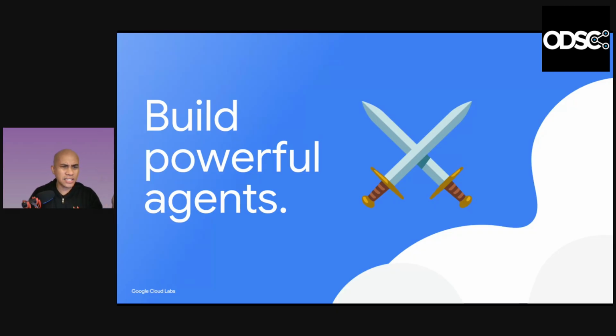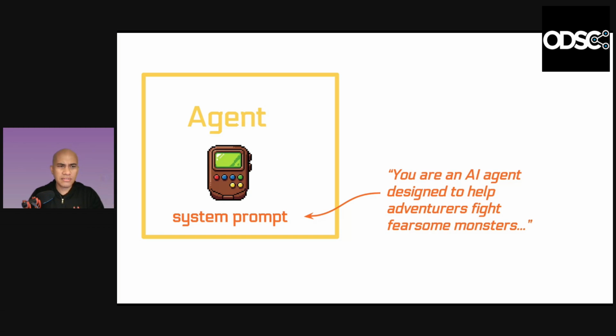So, what are AI agents? Is it something that's mystical, something that's mysterious? What are they? At the heart of it, AI agents, or agents in this context, for simplicity, are really just software, like an application, a series of code.